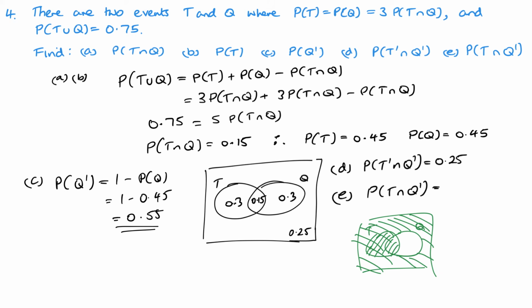So what you can clearly see here, shade this bit in red, is intersection. So where they meet is just in this part, 0.3. And there we have it. Venn diagrams make your life easier for a lot of these probability questions.